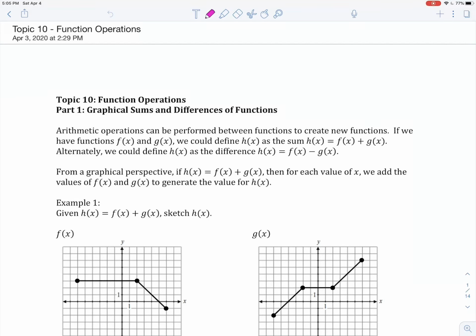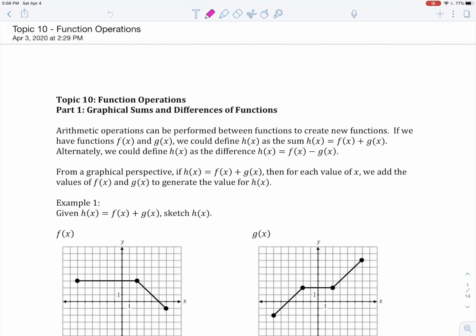In any case, we are starting topic 10. It's a little out of our previous order, but circumstances are a little unexpected. Anyways, we're dealing with function operations. It is a real function notation heavy topic, but in terms of its content, not the worst thing in the world.